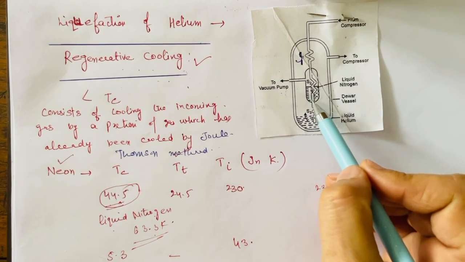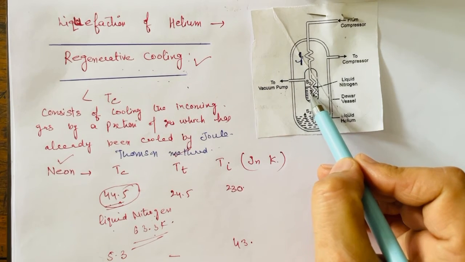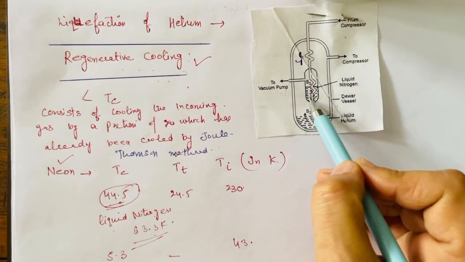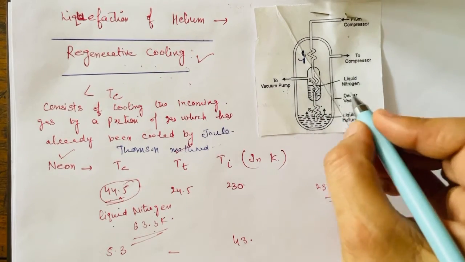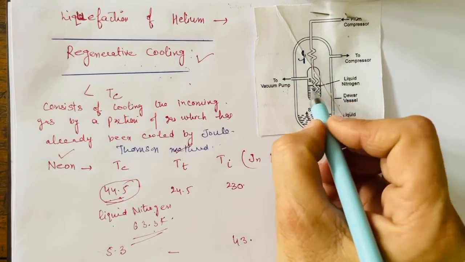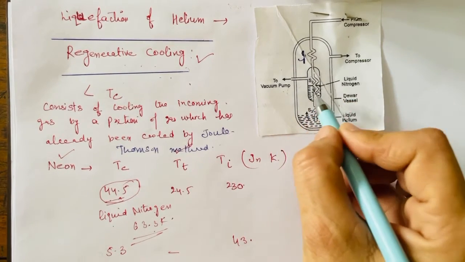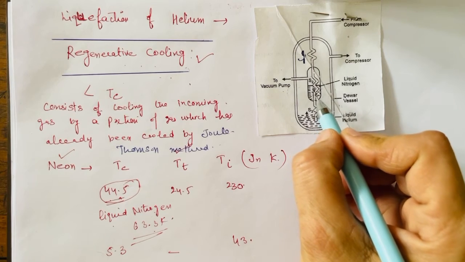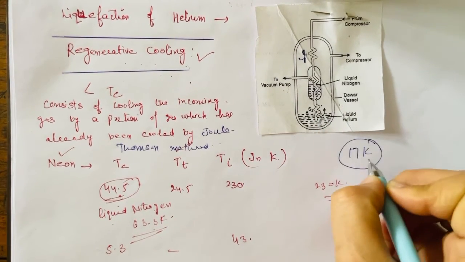After the helium passes through the spiral S2, its temperature is reduced to less than 17 Kelvin.